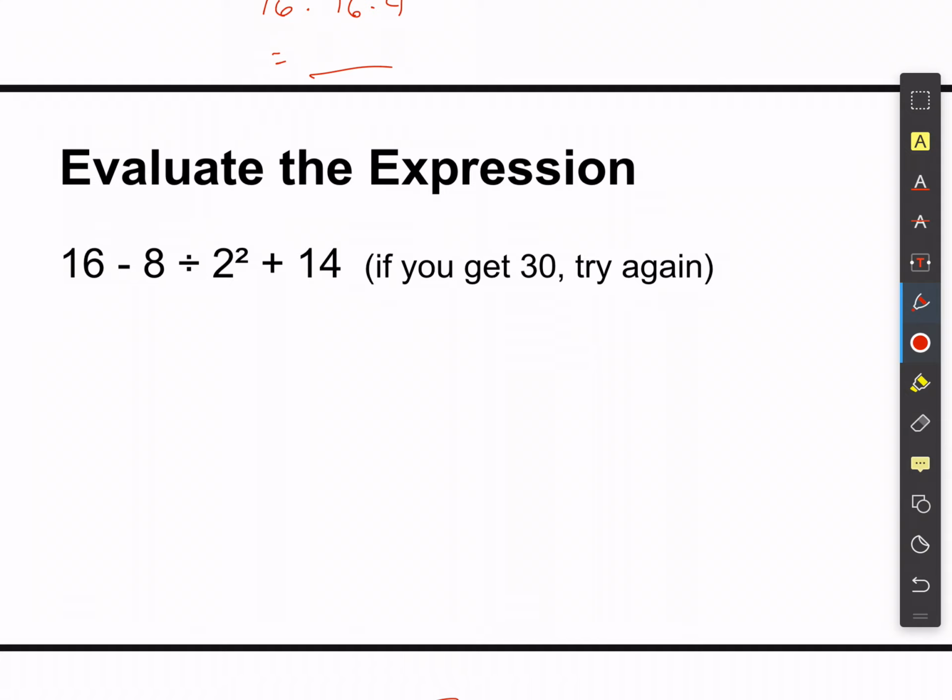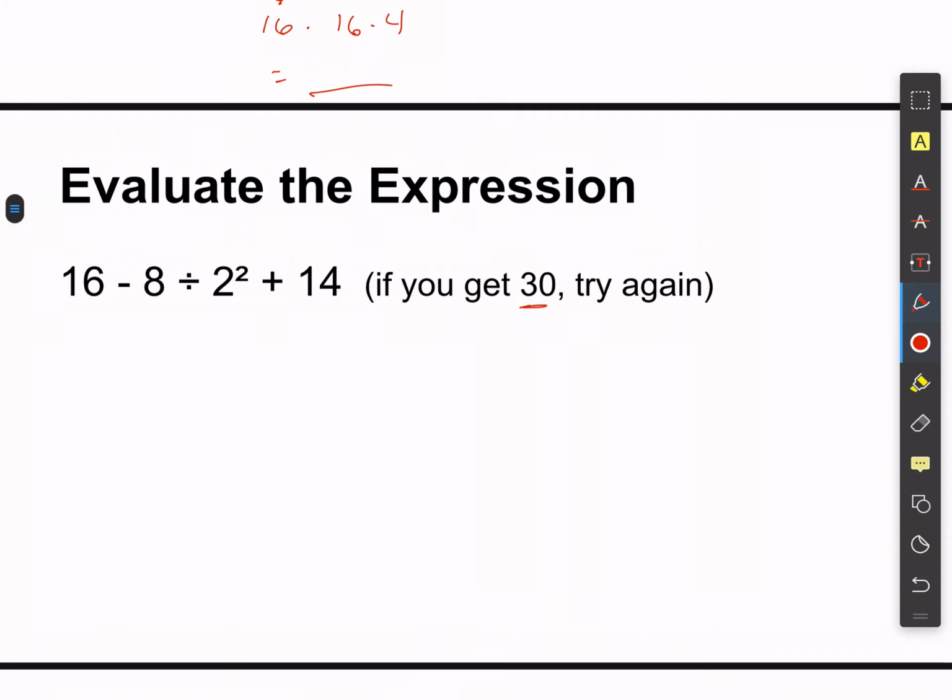And the reason they answer it wrong is because they forget their order of operations. So we're going to focus on that today. Let's see if you can get an answer that is other than 30. Okay, so if you're getting 30, you did something wrong, give it a whirl. And the next slide here is going to show you why you may have missed it.